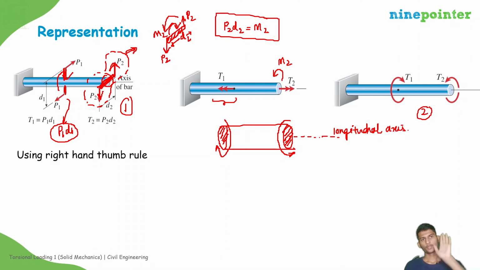So for this moment, the double-headed arrow will be in this direction, and for this moment, in this direction. I think you understand how we represent torsional loadings.